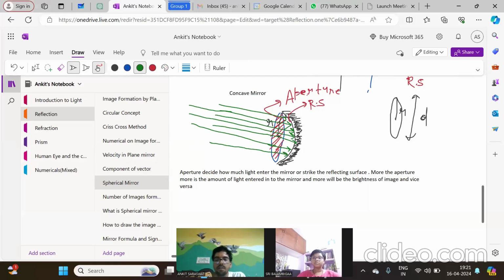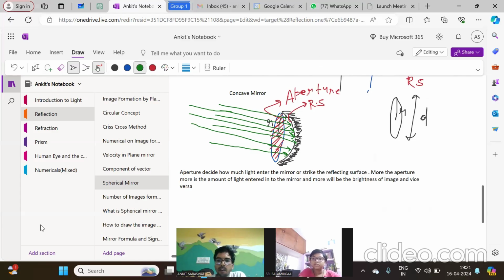I will tell what the defect is. The aperture should not be that high, otherwise there will be some defects. It should be normal, not very small, not very big. Clear? Any doubt?